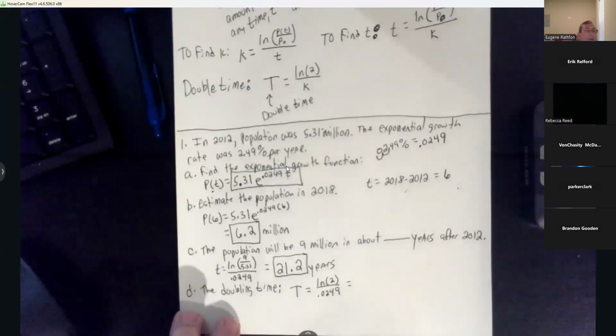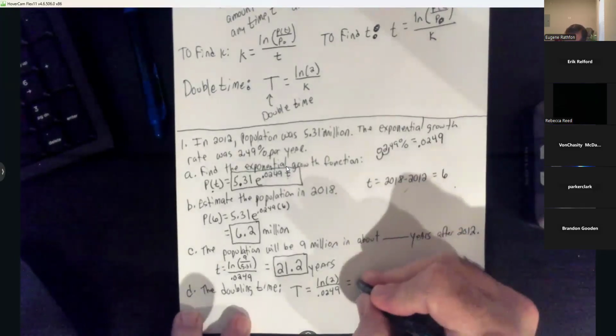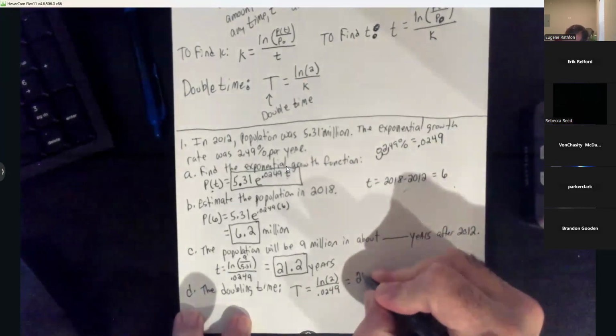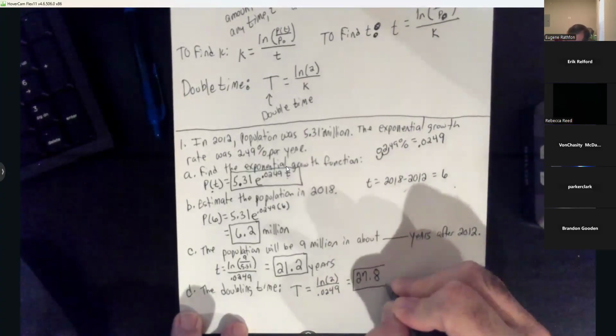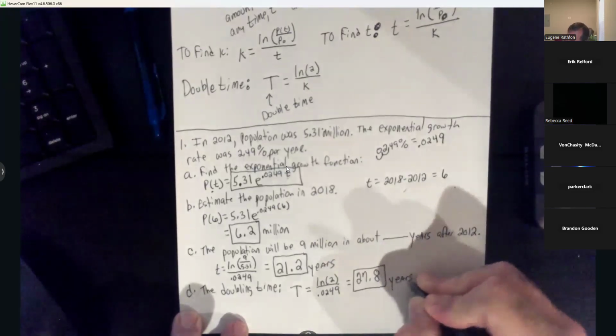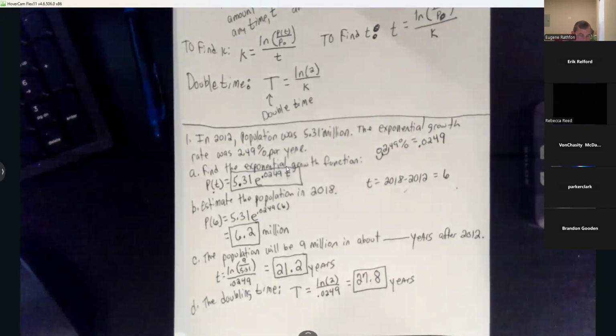What you got? Ella, y'all got 27.8. Perfect. That's going to be 27.8. And then that's what you're putting in the MyMathLab, and then they'll have the years out to the side for you, okay?